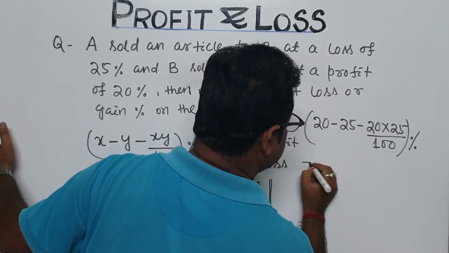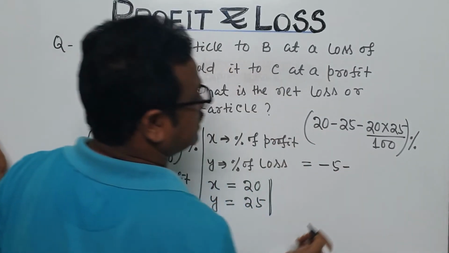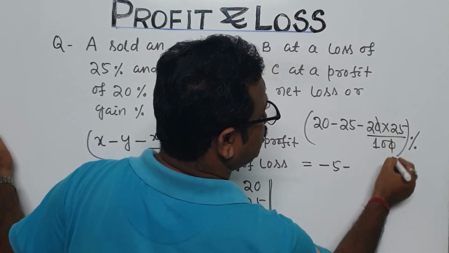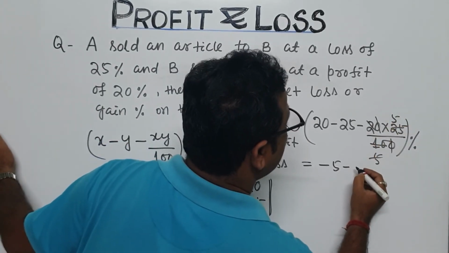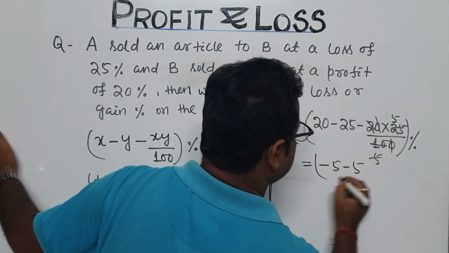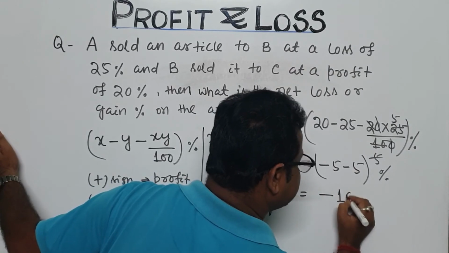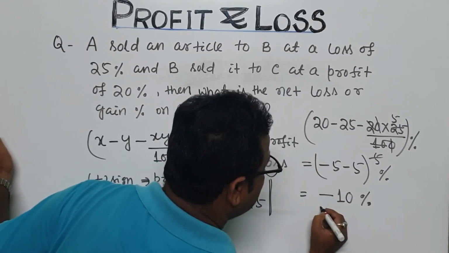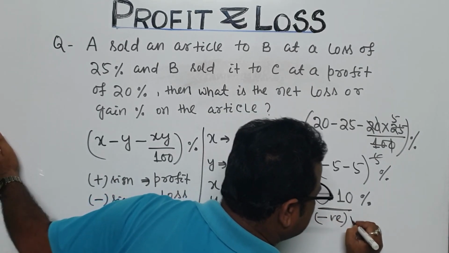Okay, that is equal to minus 5 minus 5, so minus 10%, negative value.